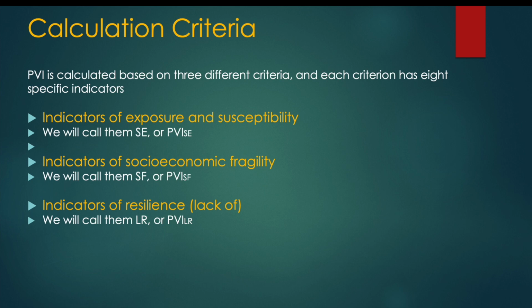Second one is indicators of socioeconomic fragility. We will call them SF or PVISF. Here S for socioeconomic and F for fragility. And third one is indicators of resilience or indicators of lack of resilience. Here L means lack and R is resilience.